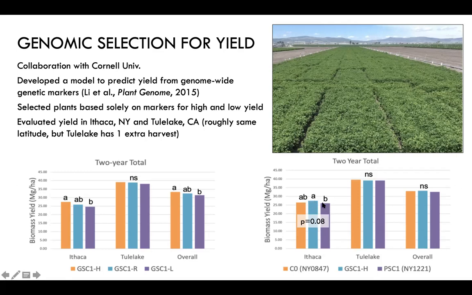So that's promising. There's a lot of caveats that I'm not going to go into with this study, but the data show that it looks likely we'll be able to use markers in some way to predict and produce higher yield. This doesn't work in the non-target environment, and so it shows the importance of having a model built for the target environments that you're going to grow the plants in ultimately.